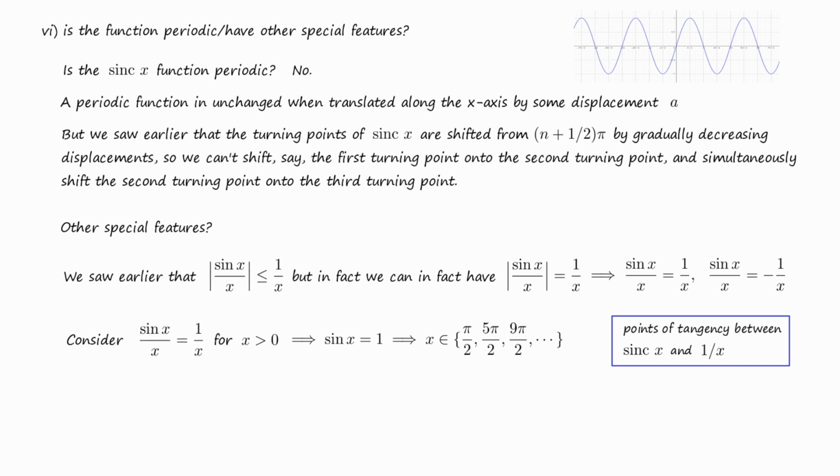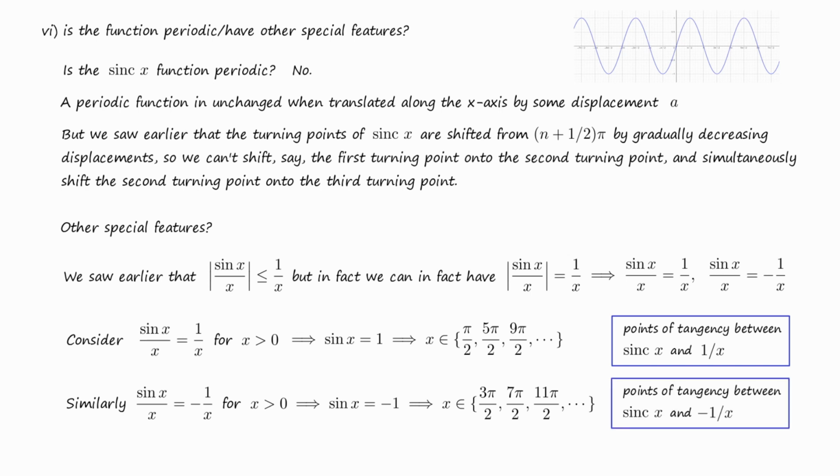And these define points of tangency between sinc x and 1 over x. And similarly for the other equation, we find that sin x is negative 1, so that x is 3 pi by 2, 7 pi by 2, 11 pi by 2, and so on. And these define points of tangency between sinc x and negative 1 over x.